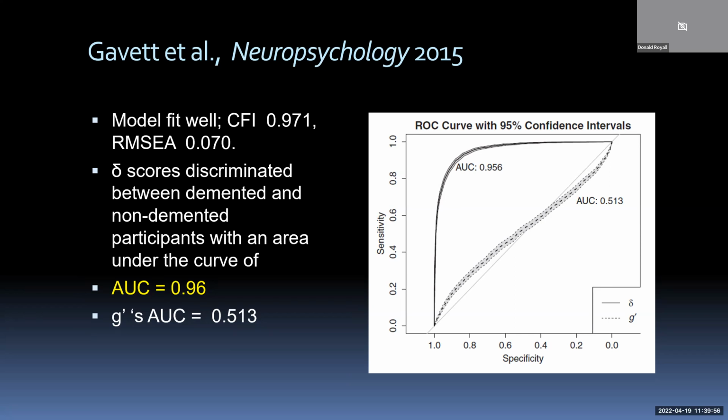In contrast, G prime, what's left over in G, is useless for diagnosing dementia. So it's really all on D, the cognitive correlates of functional status. And what's impressive about this is that he achieves such a high ROC across so many different dementia diagnoses. So all of them really.